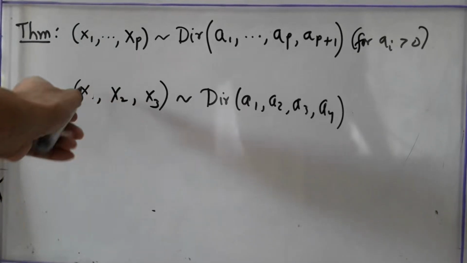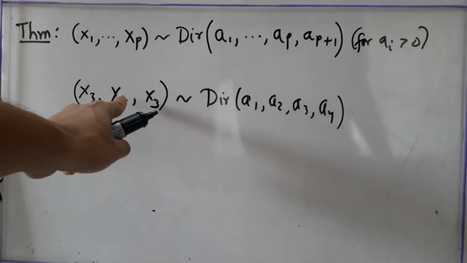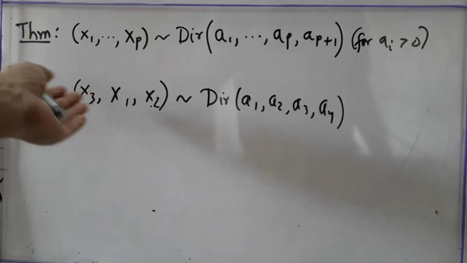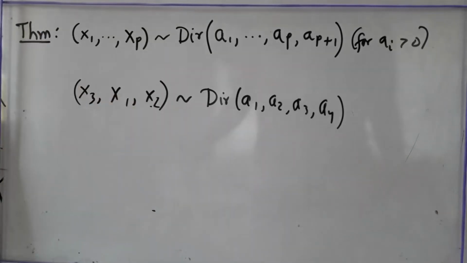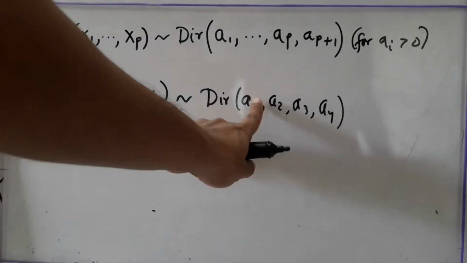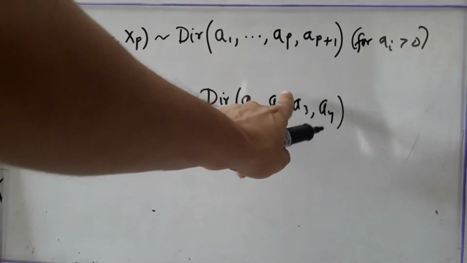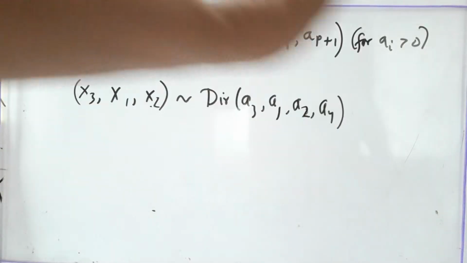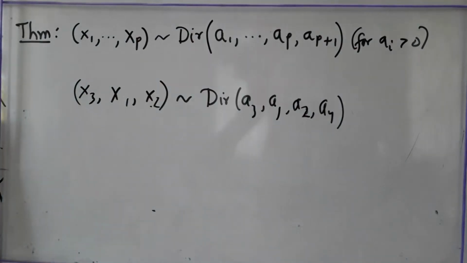Suppose I make this 3, make this 1, and make this 2. The same 1, 2, 3, but in a different order. Then this will also change exactly in the same way. So this will become 3, this will become 1, and this will become 2, and the last one will remain untouched.